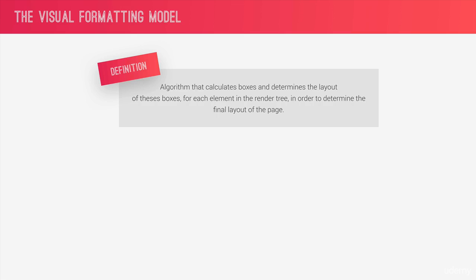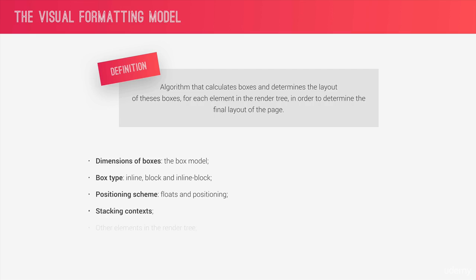Now, in order to do this, the algorithm takes into account factors like dimensions of the boxes, which are calculated by the box model, the box type, which can be inline, block, or inline block, the positioning scheme, which includes concepts like floats and absolute or relative positioning, stacking context, the other elements that are present in the render tree, such as siblings or parents, and finally, external information such as the current viewport size, dimensions of images, or other factors.